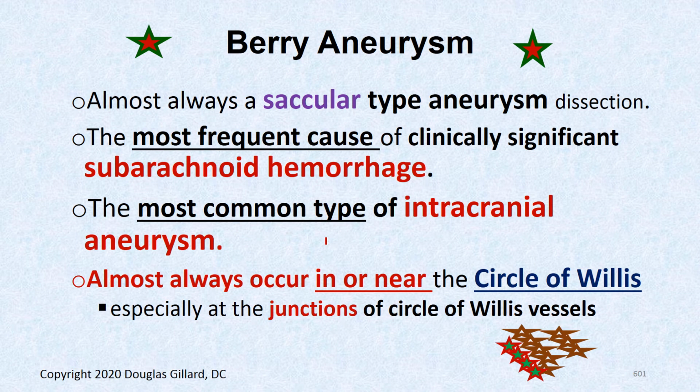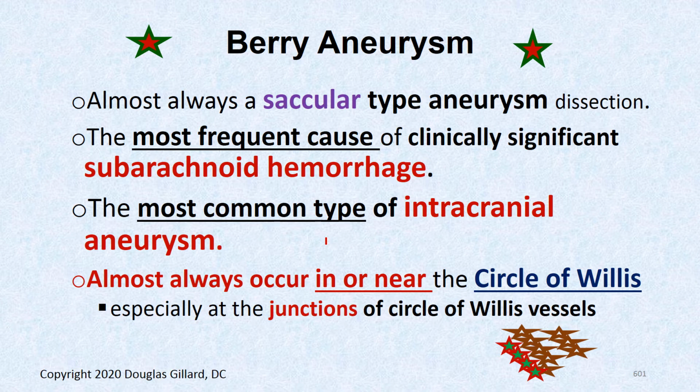We talked about the different types of aneurysms. Berry aneurysm is not usually a fusiform aneurysm. It's a saccular. Remember, saccular aneurysm was a focal outpouching from a weakness of a blood vessel wall. And why do we care about Berry aneurysms? It is the most frequent cause of clinically significant subarachnoid hemorrhage.